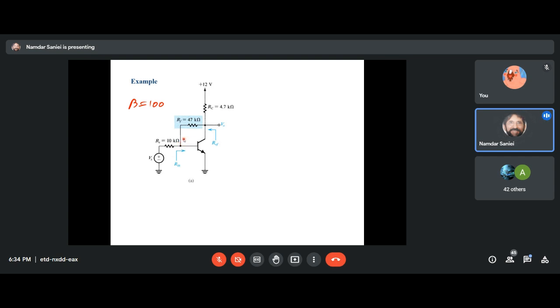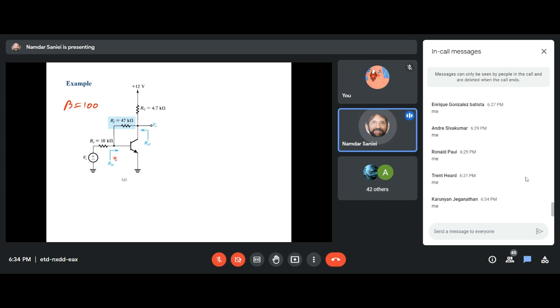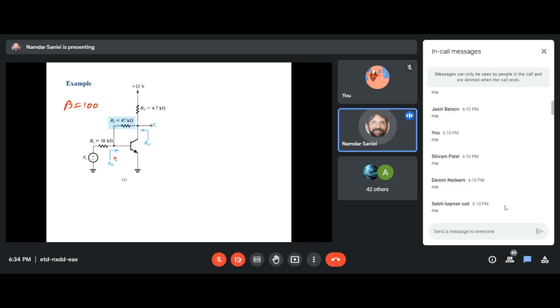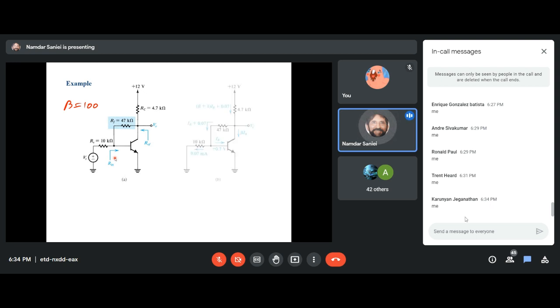Now, as usual, when we have a circuit like this, we need to run a DC analysis. In the previous example in the series configuration, the DC condition was given. But for this one, we need to calculate it, and it's not difficult. We can simply short the AC signal, the AC voltage source.